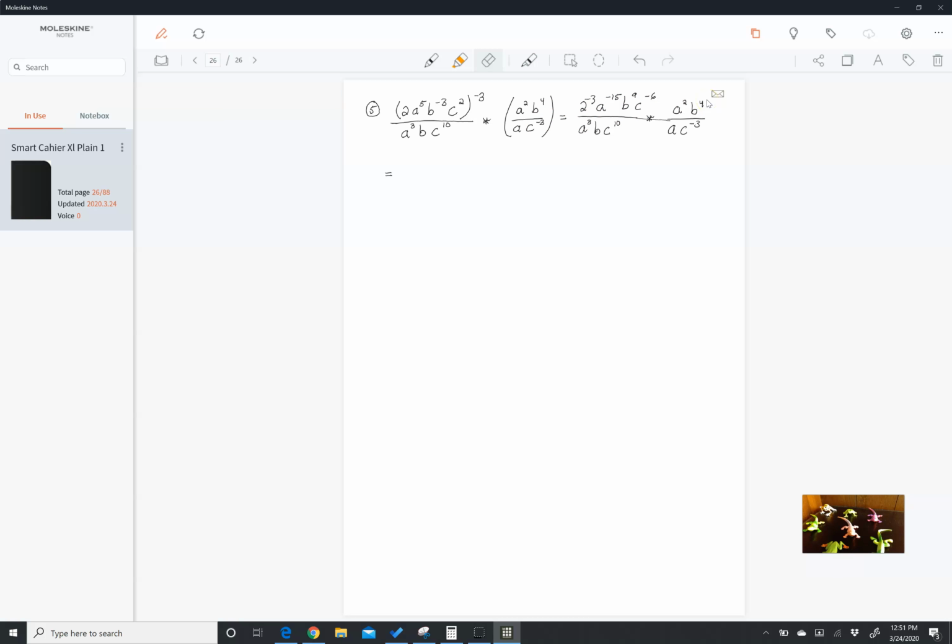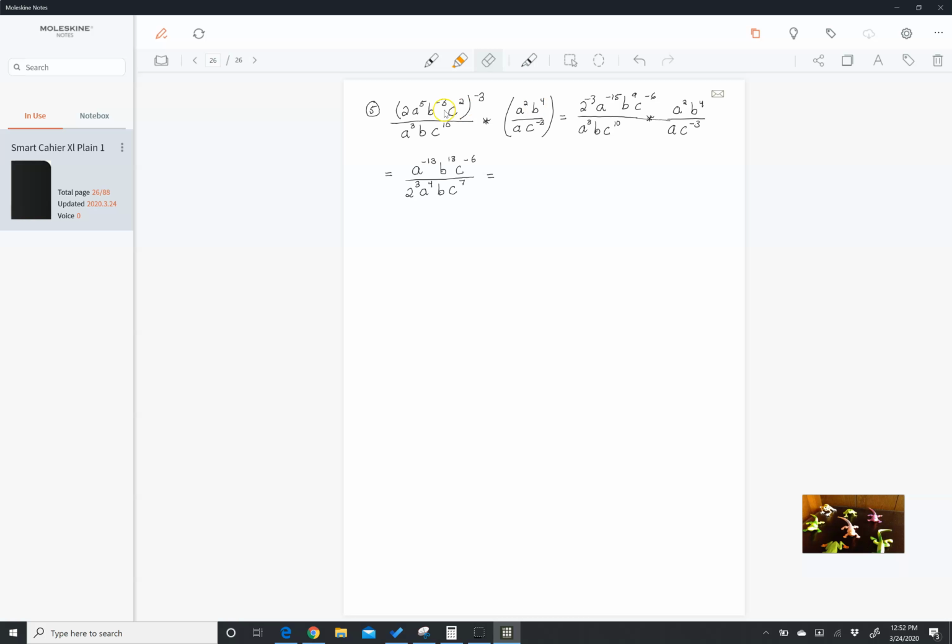So negative 15 and 2 is negative 13. 9 and 4 is positive 13. And there's only one c. Then we have this 2 to the 3rd. A to the 3rd and a to the 1st gives us a to the 4th. Then we have b. And 10 and negative 3 is 7.